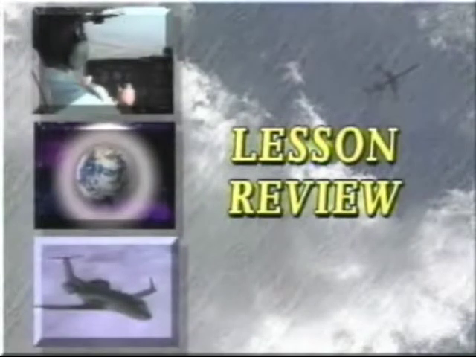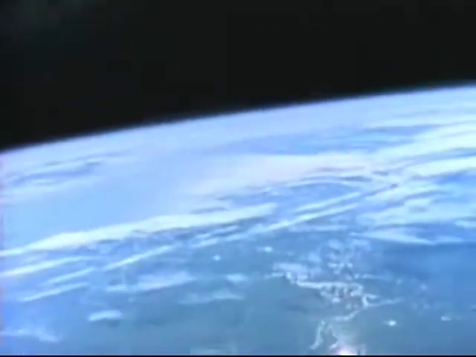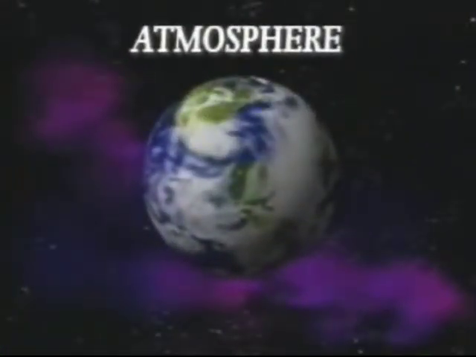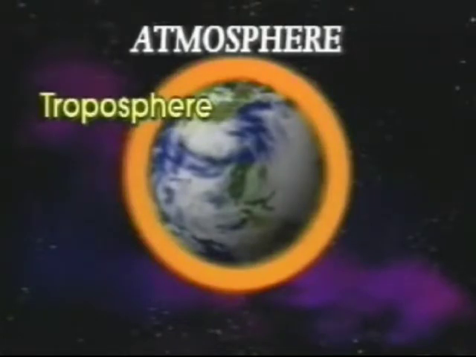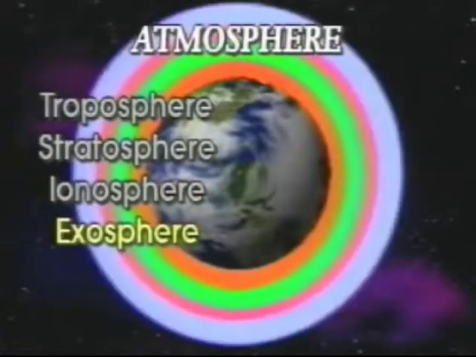We will wrap up this lesson with a short review. The atmosphere is a gaseous envelope that supports and protects all life on Earth. The atmosphere has four distinct divisions: troposphere, stratosphere, ionosphere, and exosphere.